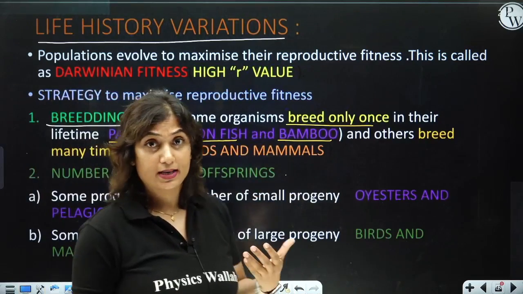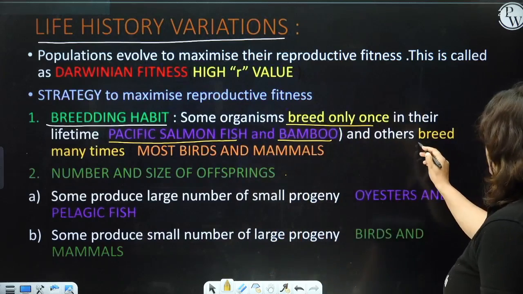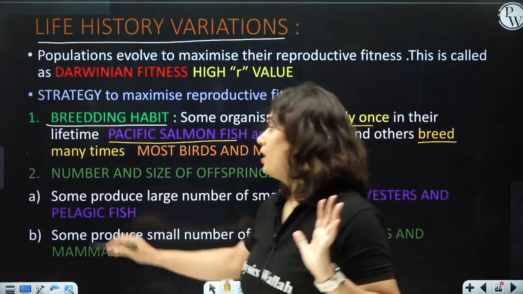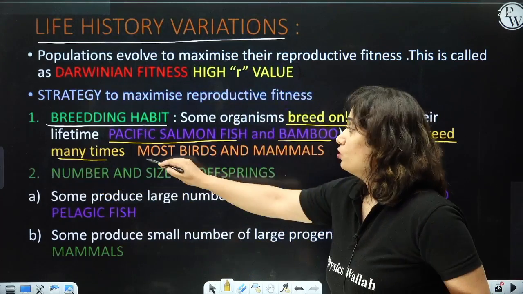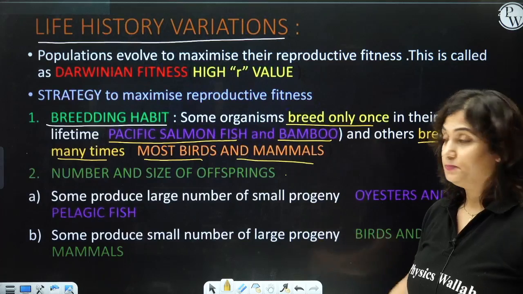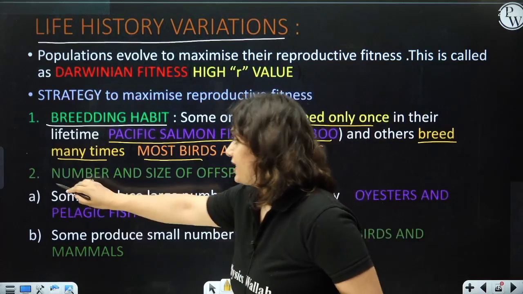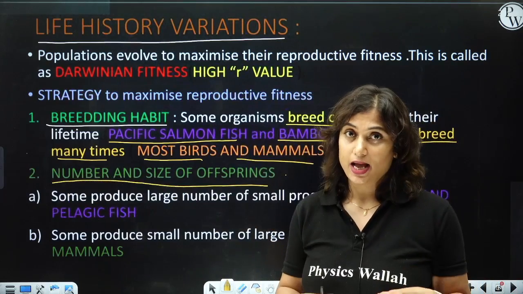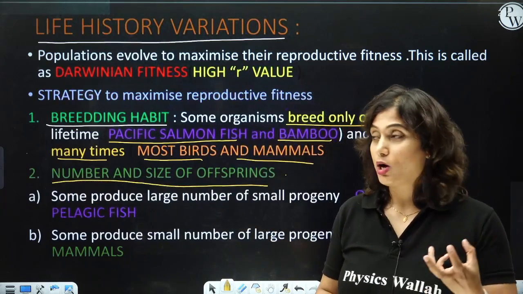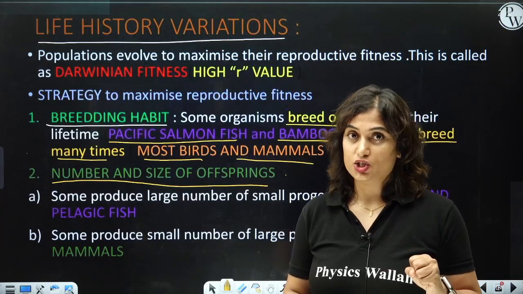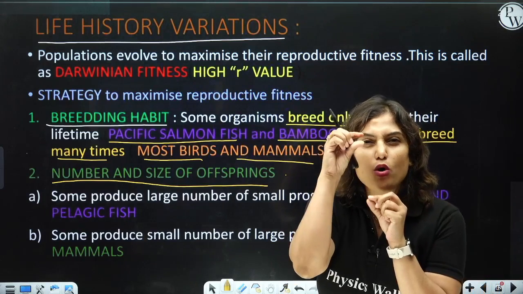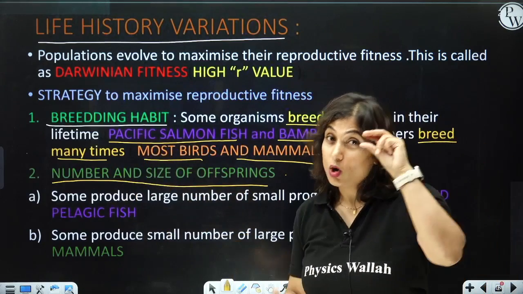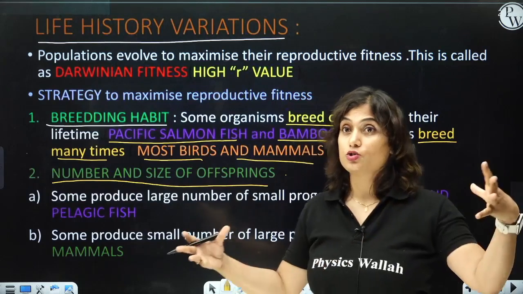But some of the organisms breed many times. Some organisms have adopted the strategy that they will breed many times to achieve their R value, like most birds and most mammals. Then the second strategy is the number and size of offspring. Some organisms have adopted the strategy that they will produce small-sized organisms in a large number.